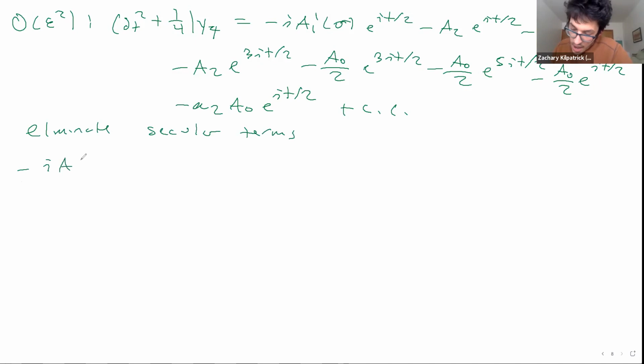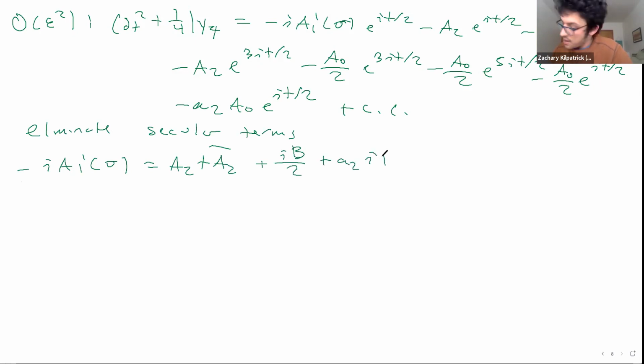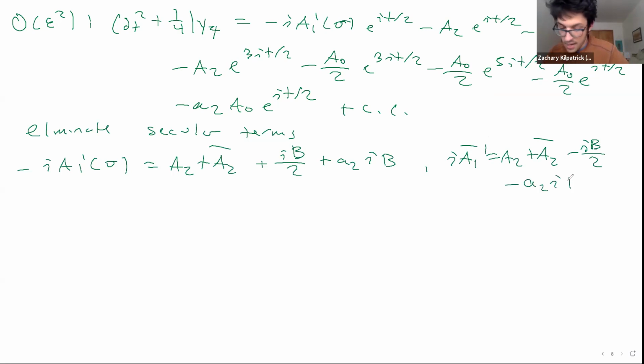I need that i a1 prime of sigma is equal to a2 plus a2 bar plus ib over 2 plus a2 ib. Okay. And similarly, i a1 bar prime is equal to a2 plus a2 bar minus ib over 2 minus a2 ib.